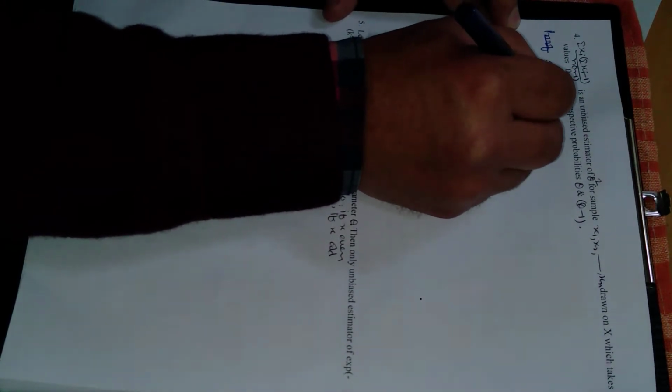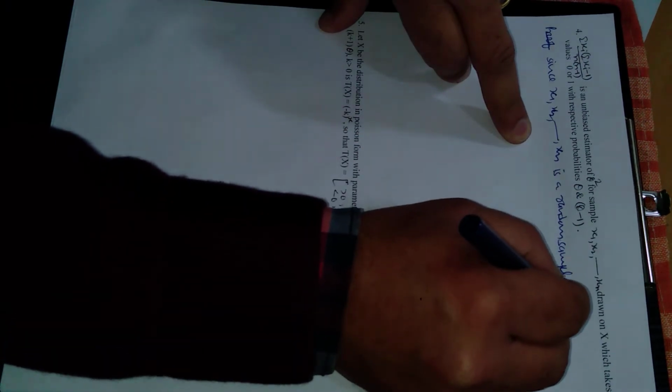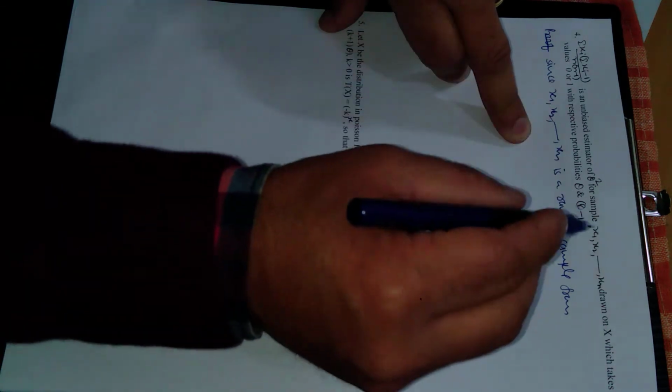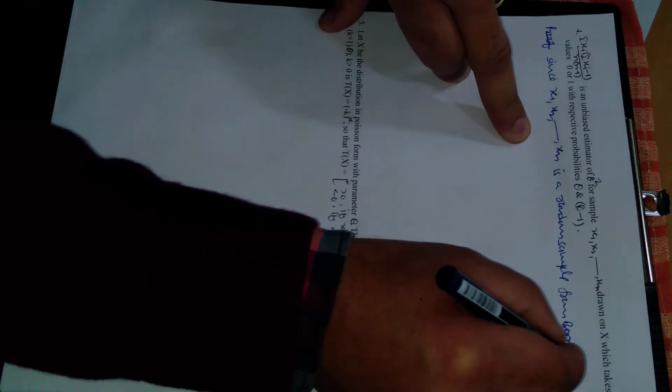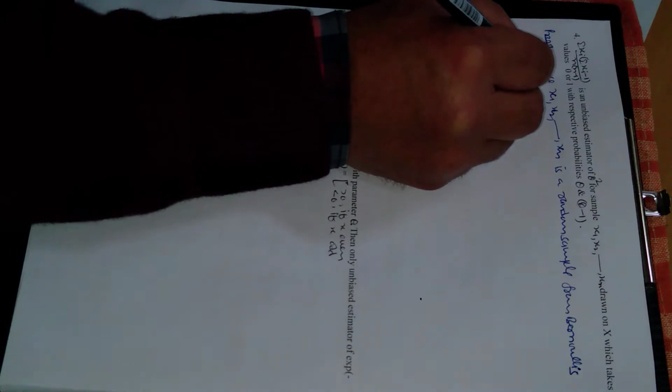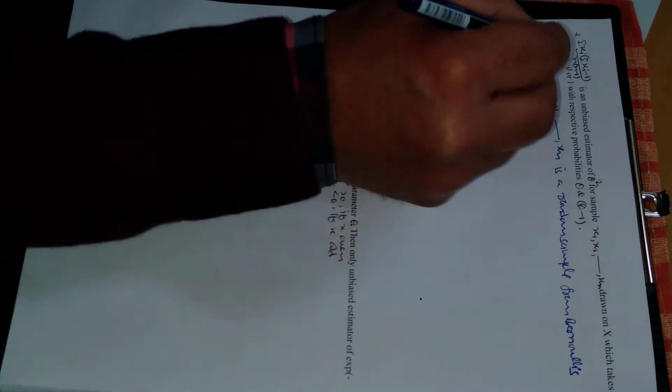Proof: since x1, x2, up to xn is a random sample from, because x is taking value 0 and 1, it means this is a random sample from Bernoulli distribution or population with parameter, unknown parameter is given to be theta.